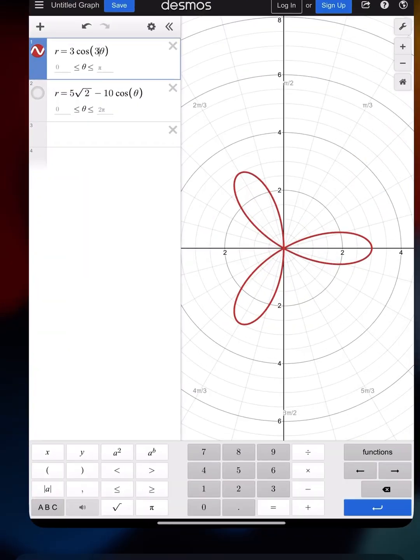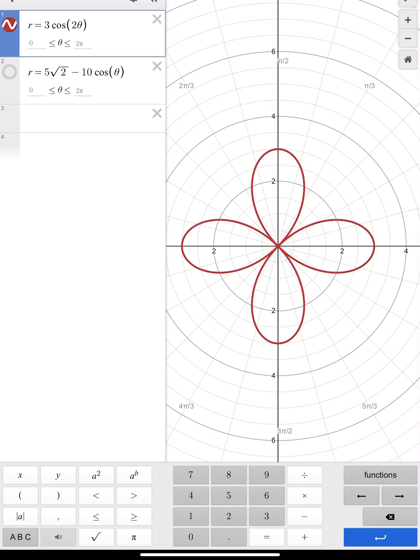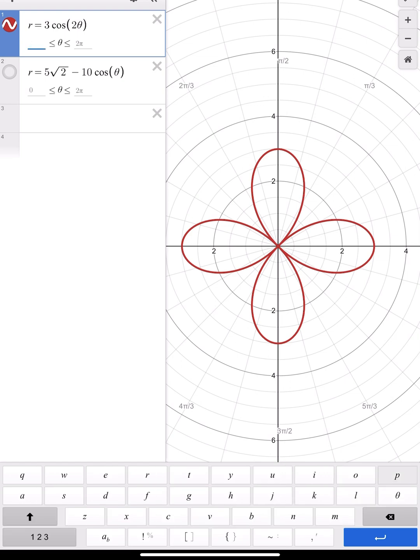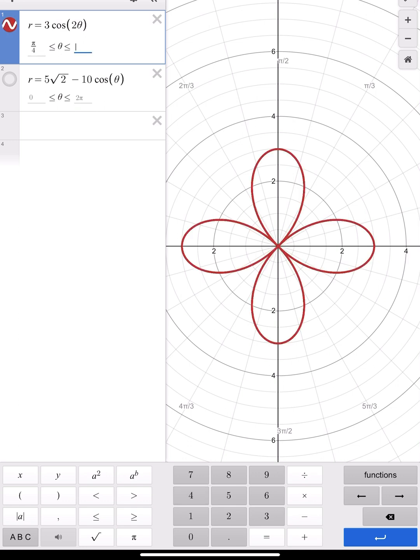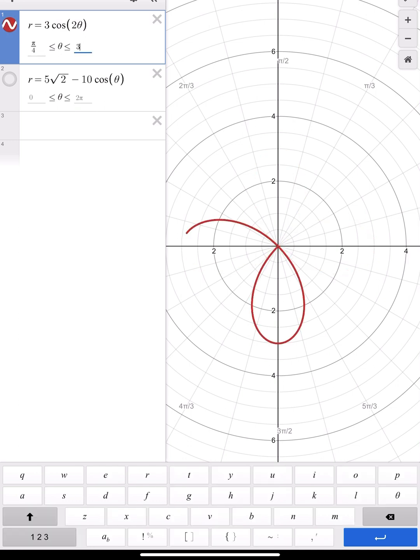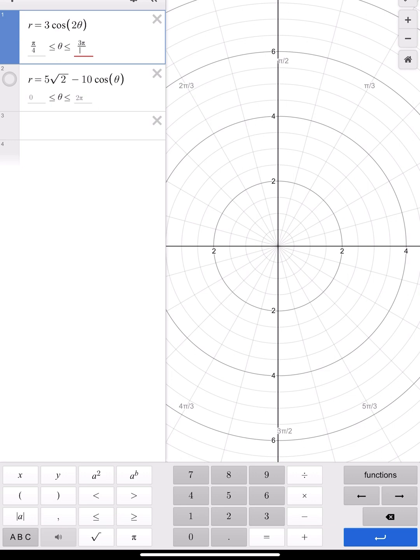If I were to show our graph again, this one's going to be from 0 to 2 pi. If I go from pi over 4, we're going to see here, this gives us one petal. So it's giving us the start and the stop of our 0 to the next 0.